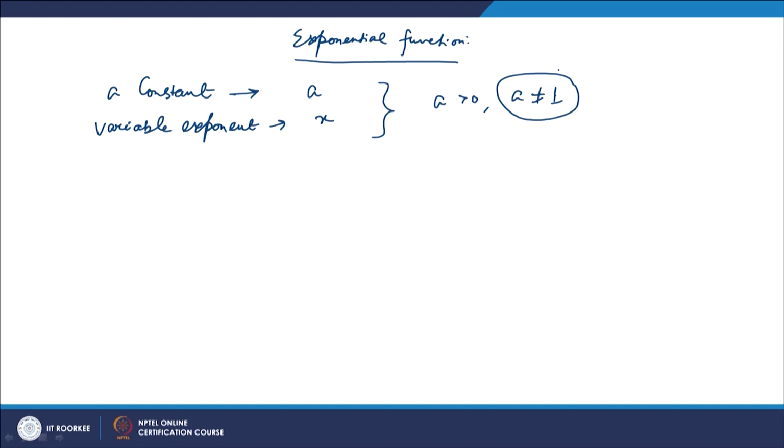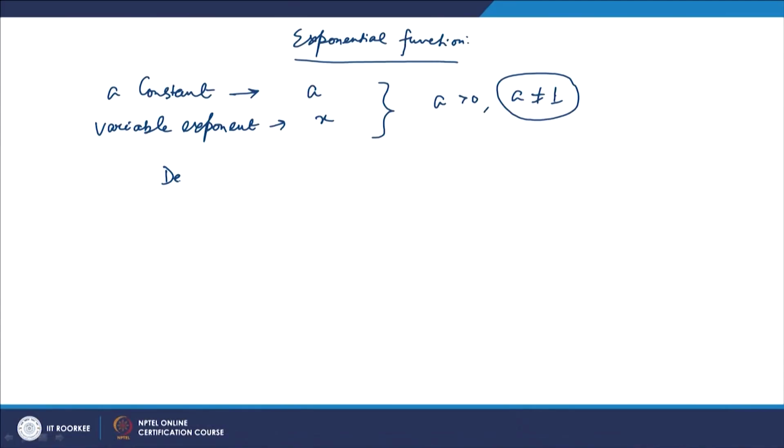Also, when we talk about many things in financial terms like growth rate, these functions are used, and in that case you have a dependent variable. Suppose you have a dependent variable y, so this y can be expressed.